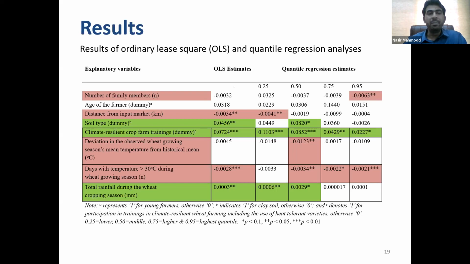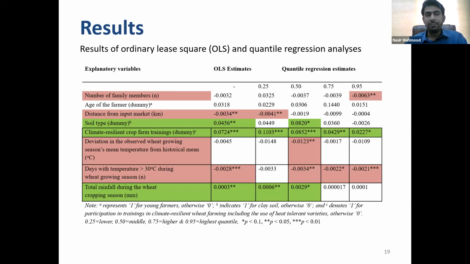Most importantly, climate resilient crop farm trainings showed a positive impact on the economic efficiency in all quantiles and also in the OLS regression analysis, because these trainings enable the farmers to update their knowledge about the changing climatic conditions, then adjust their farming practices according to the changing weather, and ultimately these trainings enable them to get higher yields and ultimately cause a rise in their efficiency.